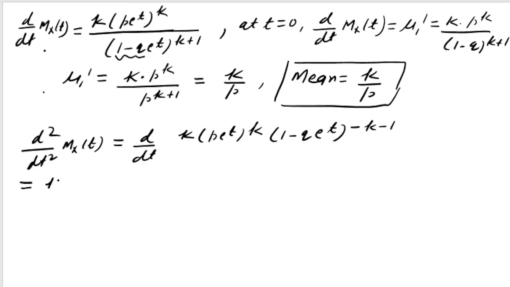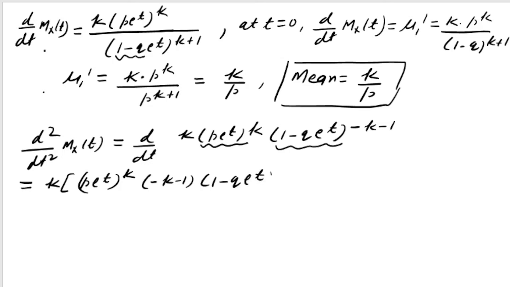Now k is a constant, so I write it outside. There are two functions, this is the first function, this is the second function. So I write the first function (p e to the power t) whole to the power k, and derivative of the second function, so minus k minus 1, (1 minus q e to the power t) to the power minus k minus 2. Okay, and then I have to differentiate this again, so minus q e to the power t.